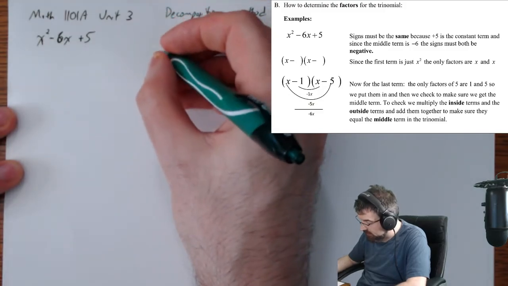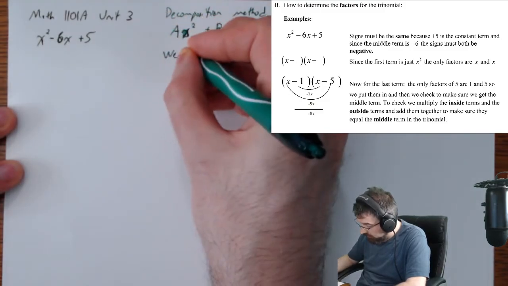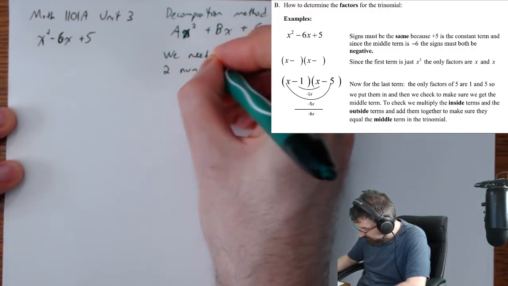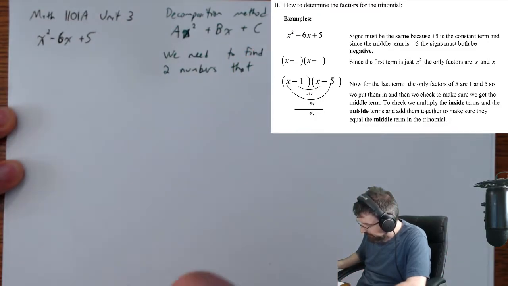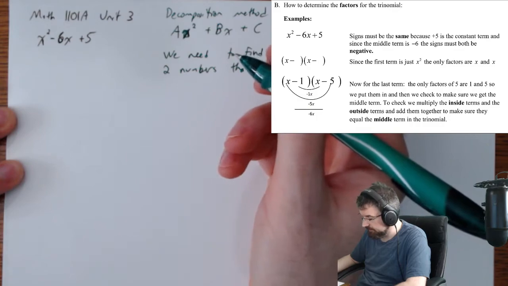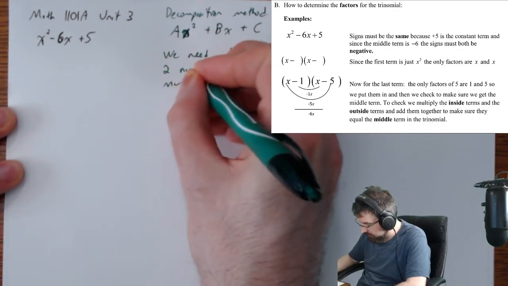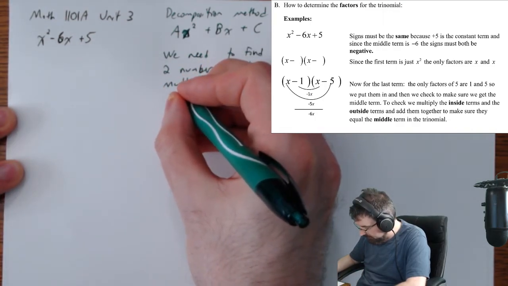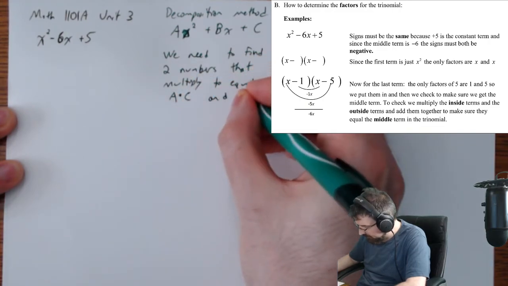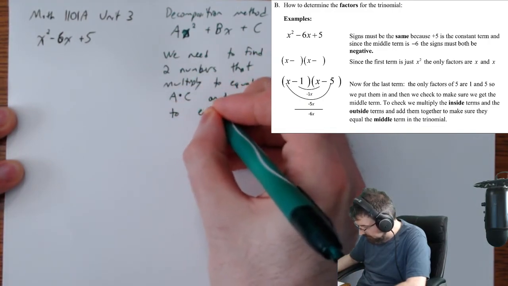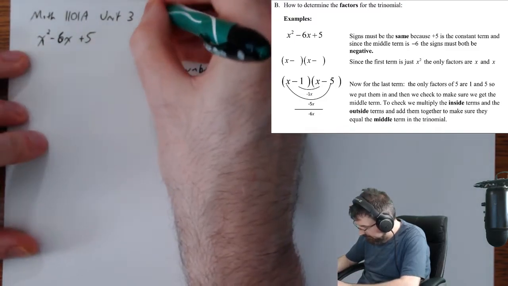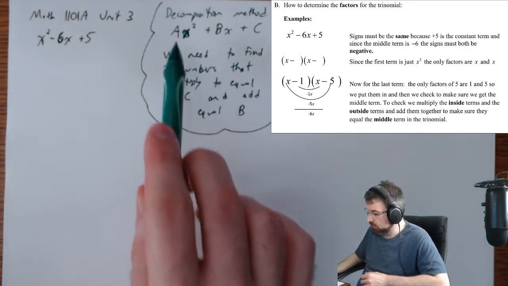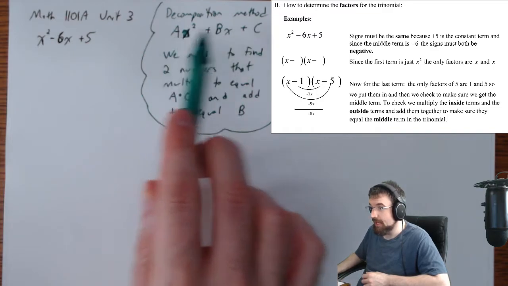What we're going to do for decomposition method is you need to find two numbers that... Okay. So in decomposition method, we have ax squared plus bx plus c, and a, b, and c is how we will order our coefficients.